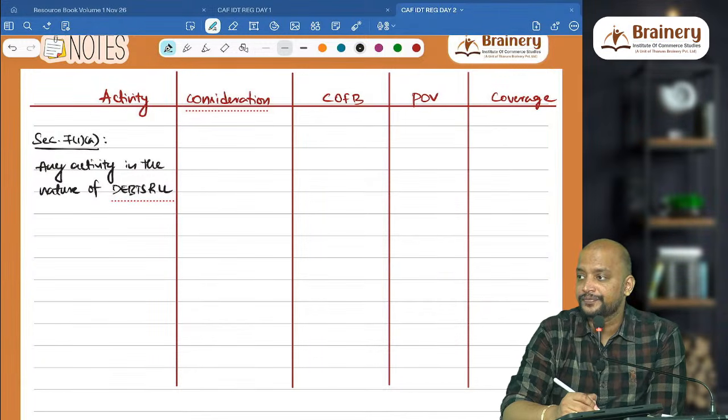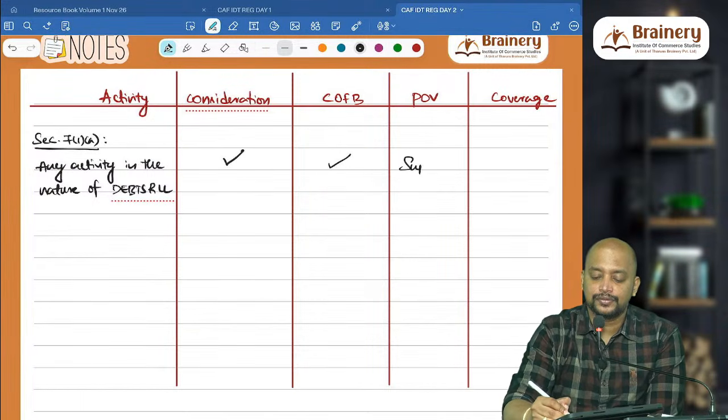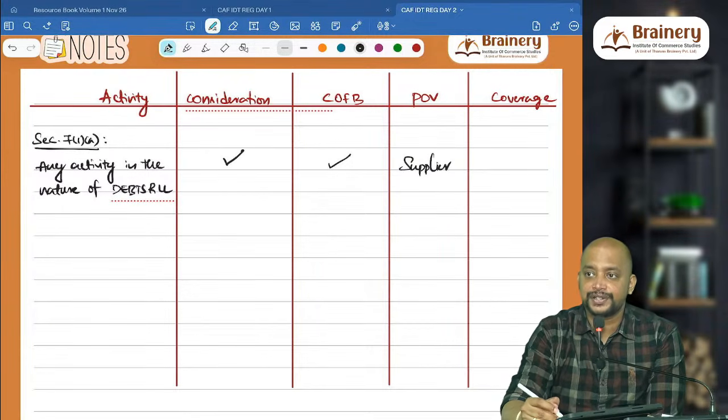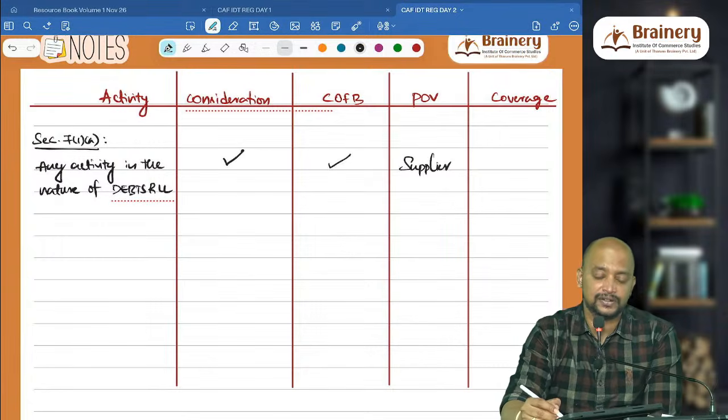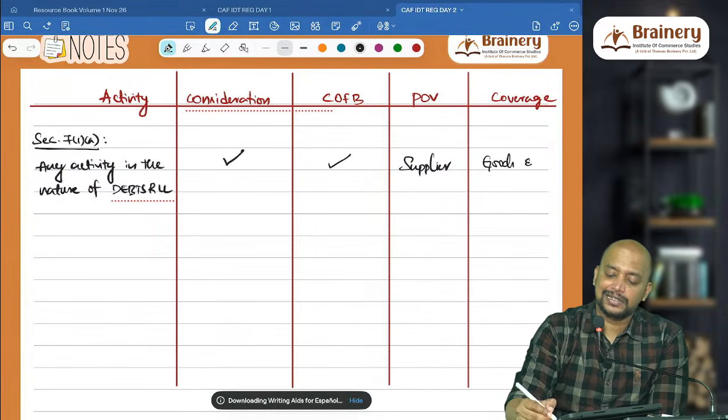Consideration, course or furtherance of business, point of view, coverage. What coverage? Goods, services, both goods and services.